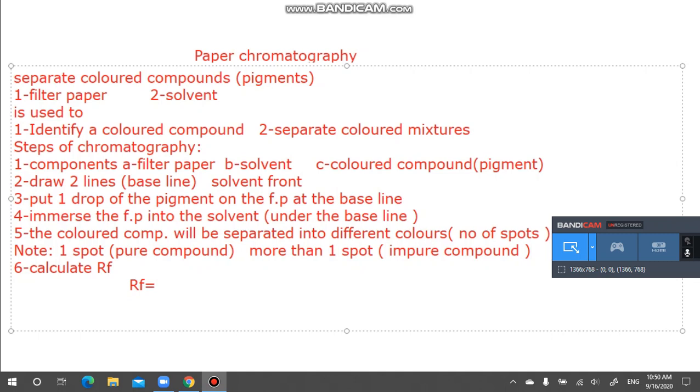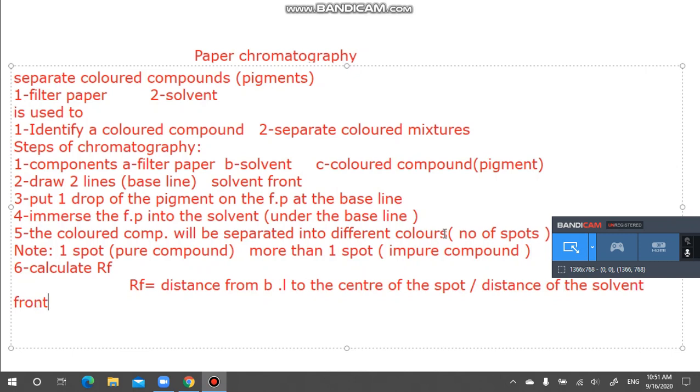So we will measure the distance. So RF equals the distance from the baseline to the center of the spot, divided by the distance of the solvent front.